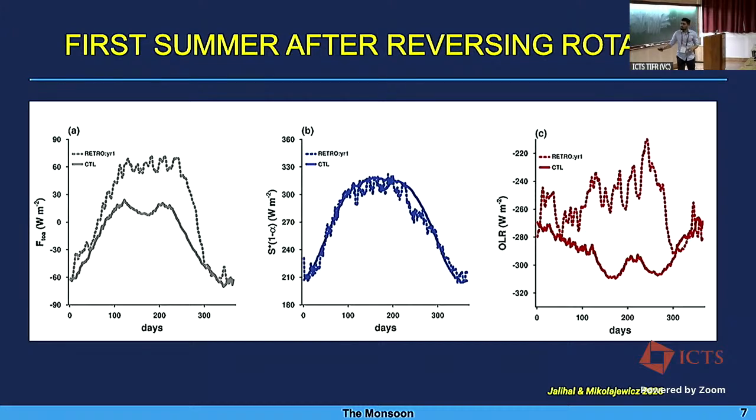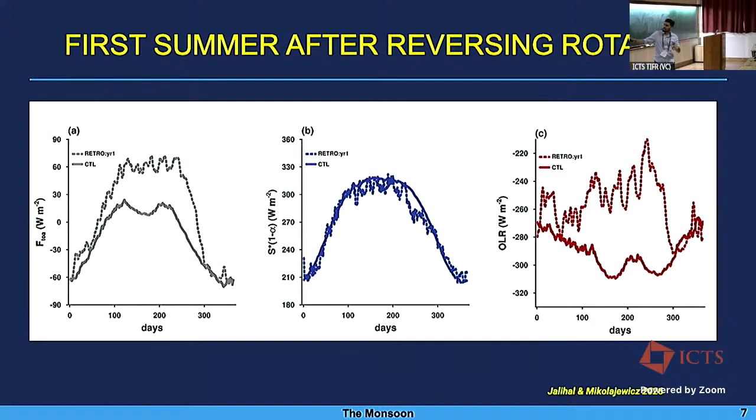Okay, so let's look at F2R first. The thick line is control. Dashed line is reverse rotating world. Both start off nearly similar. And after some time, F2R in control saturates, does not increase beyond a certain point.